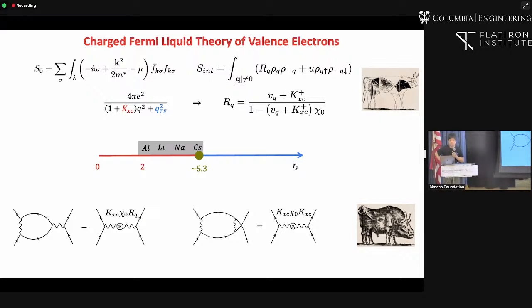Any other questions? So your starting action S0 is basically an electron parabola with an adjusted mass, right? And then you add an interaction term with the kernel in it.